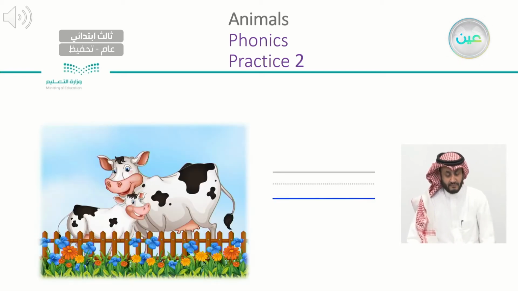This here is Number 5. Cow. So we have 2 cows actually, but we're going to write the word cow. K, k, cow. C-O-W.